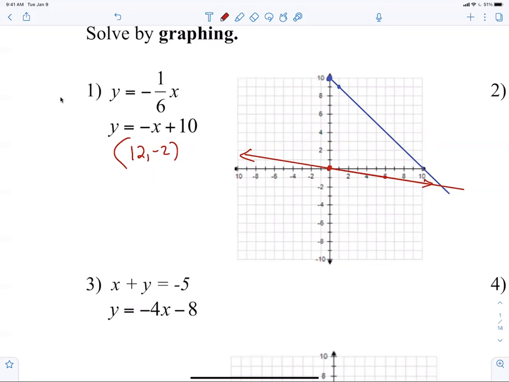The question is solved by graphing. It doesn't specify solving what.